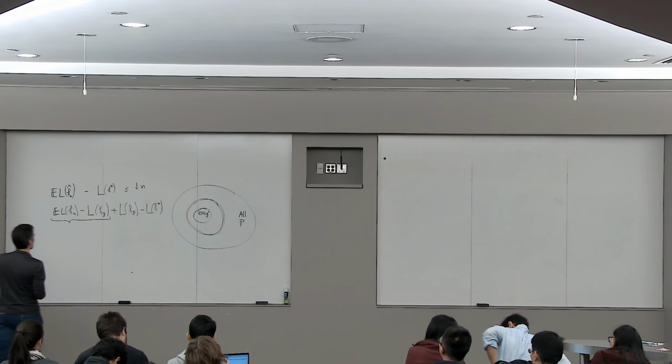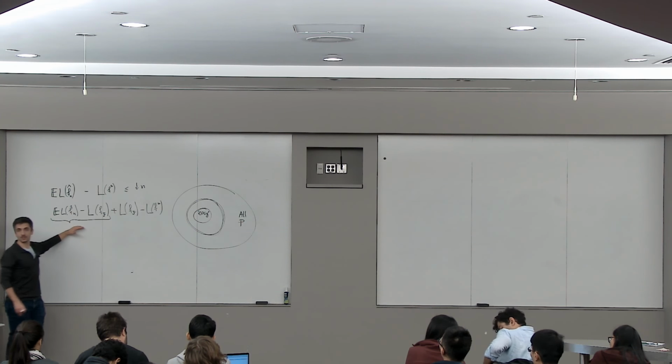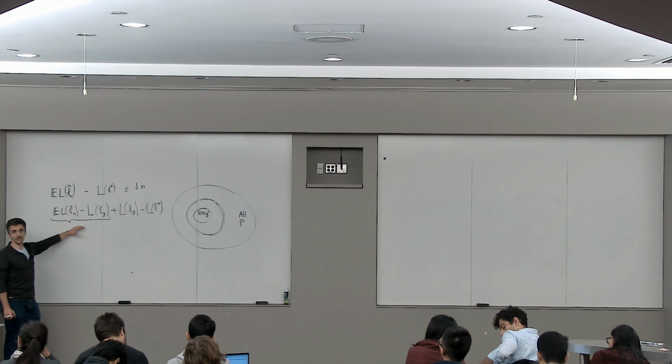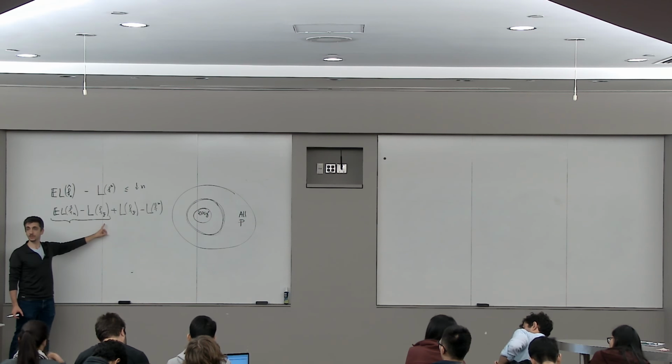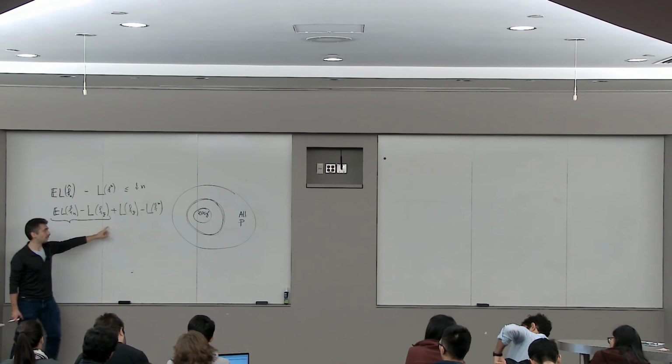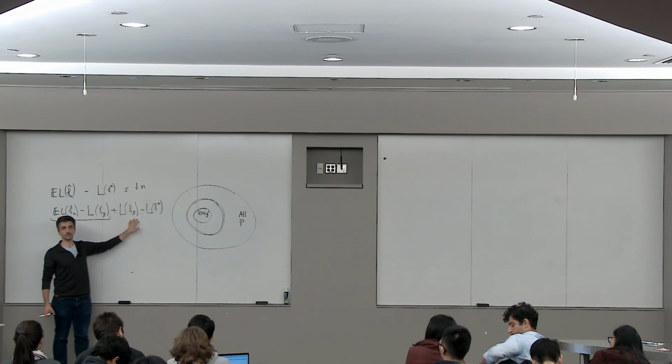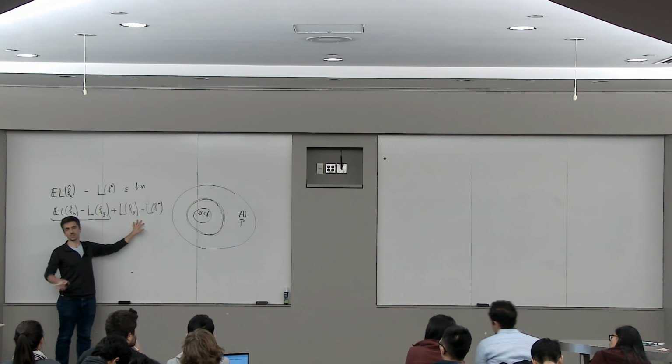Okay. So what we've been doing in the last 4 lectures is analyzing this term only. Now what happens to this term? Well, you can say, let's just hope it's small.